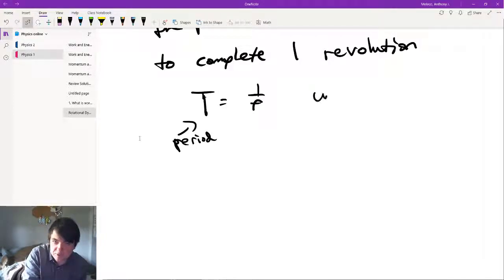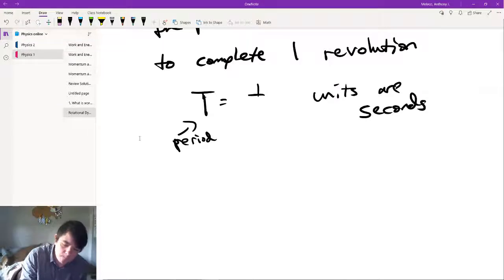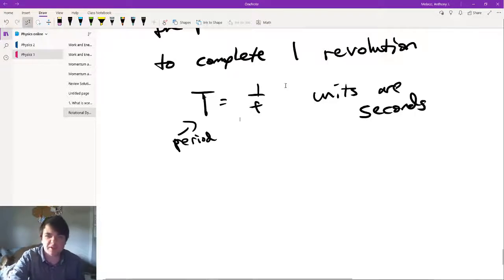Its units are seconds, so it's basically time, which is why they use T for it. It's 1 over the frequency, and the units are just seconds.